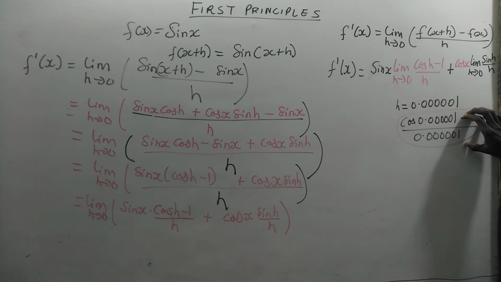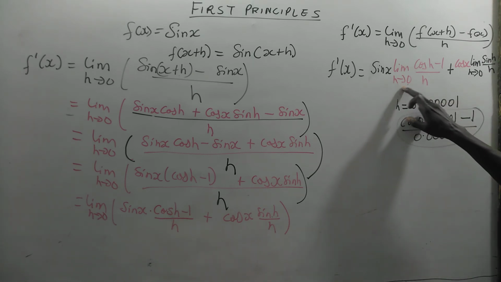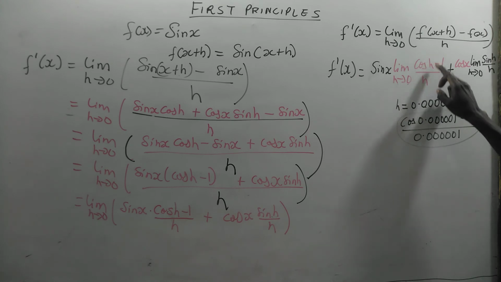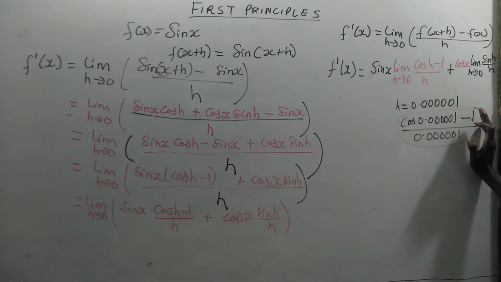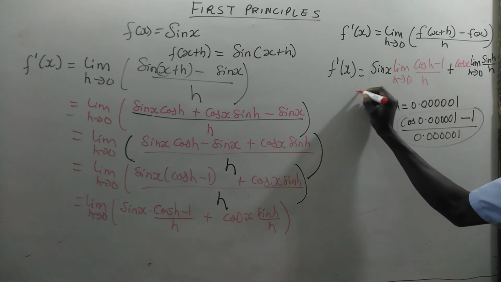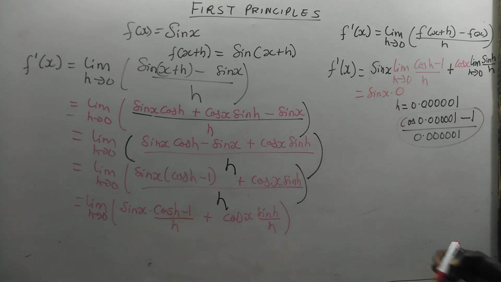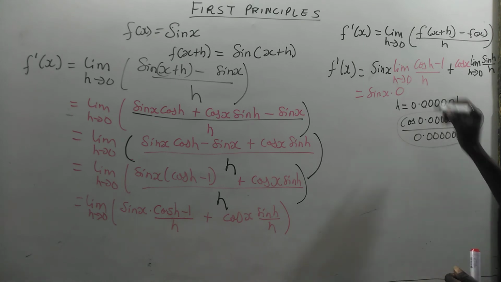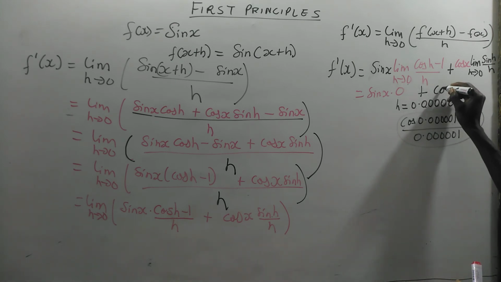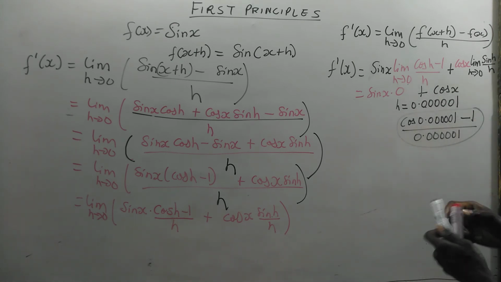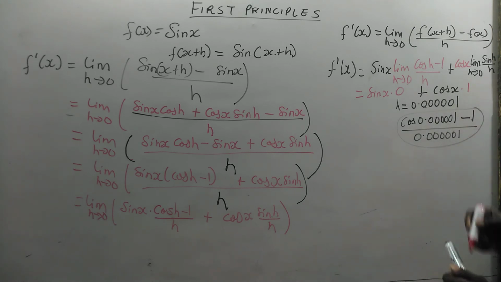This one will approach 0. So as h approaches 0, cosine h minus 1 divided by h will approach 0. So you are going to have this as sine x times 0 plus cosine x times 1.